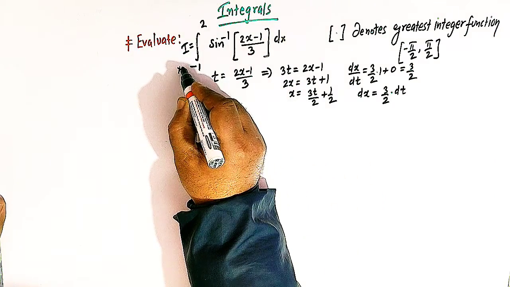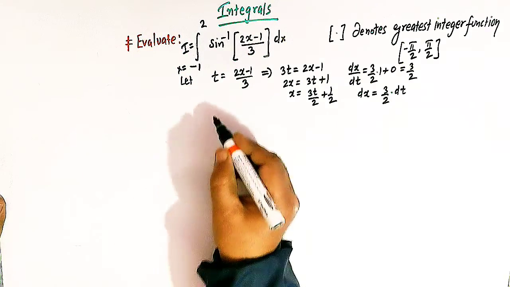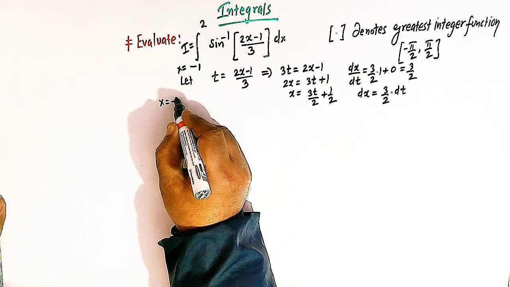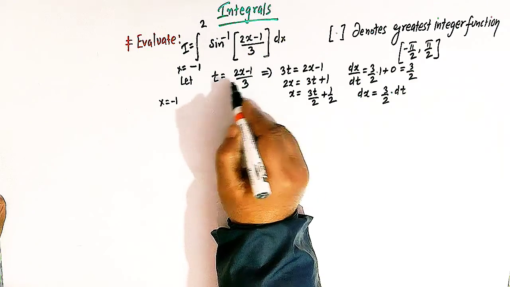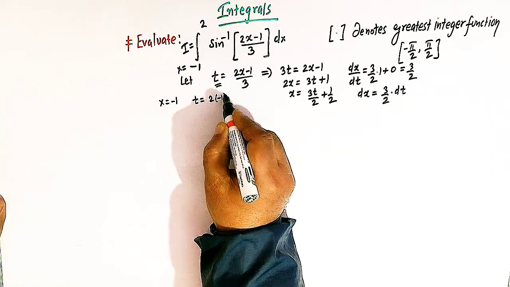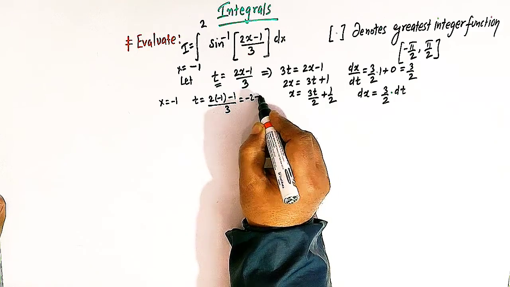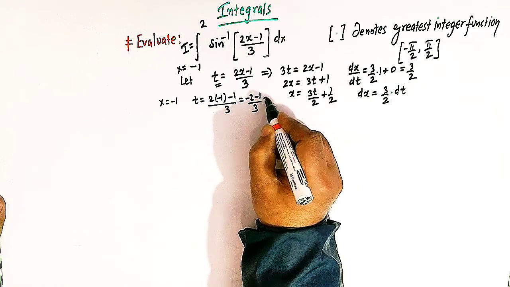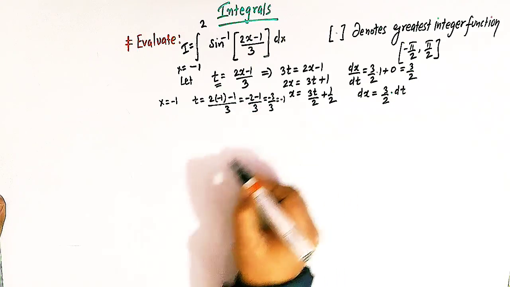Here the lower limit is -1 and the upper limit is 2. When x is -1, the value of t is 2 times -1 minus 1 over 3, so this is (-2 minus 1)/3, that is -3/3, that is -1.